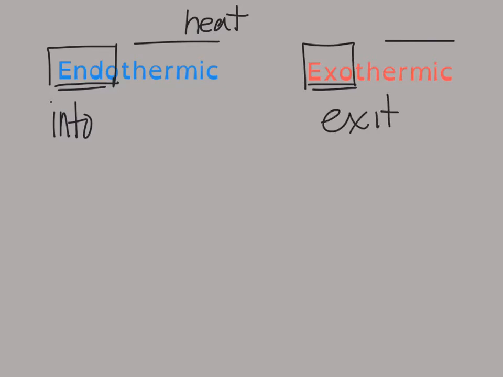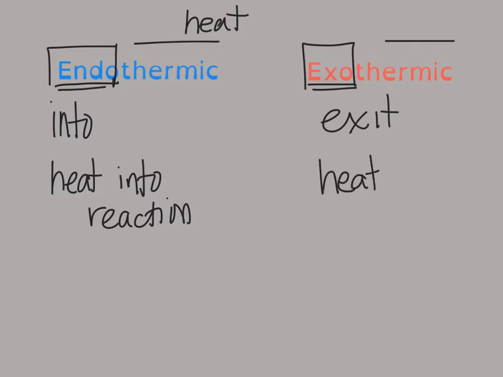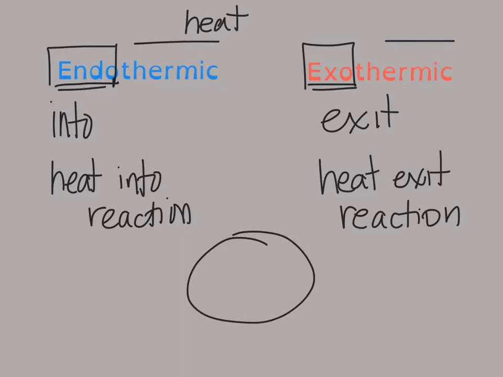So in an endothermic reaction, we're talking about heat going into the reaction. And in an exothermic reaction, we're talking about heat exiting the reaction. So if we have our reaction and it's in this circle, an endothermic reaction would go in and an exothermic reaction would leave.